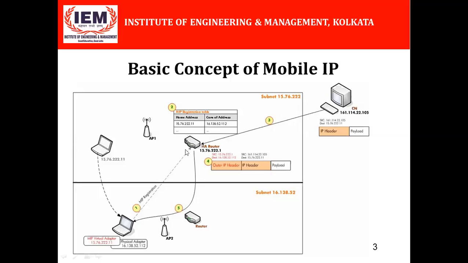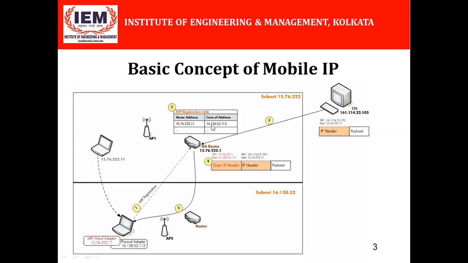When it is received at this home agent router, that information is stored in this particular table. So what is the home address? It is 15.76.222.11, but the device is now present under another IP address, which is not the same as the previous one, and is known as the care of address, which is 16.138.52.112.